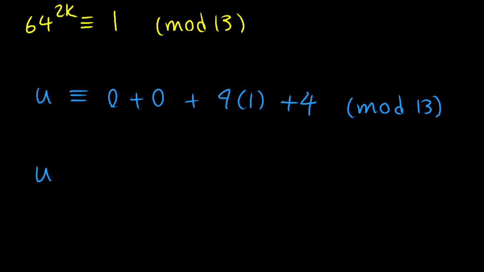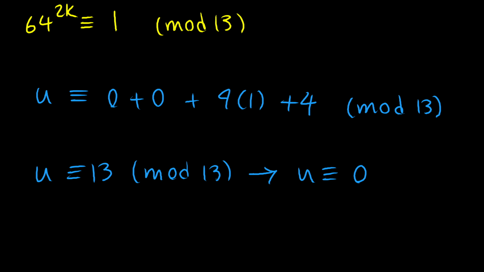So that means that u is congruent to 13 mod 13, which means that u is congruent to 0 mod 13, which means that 13 divides u, which means that u is a composite number.